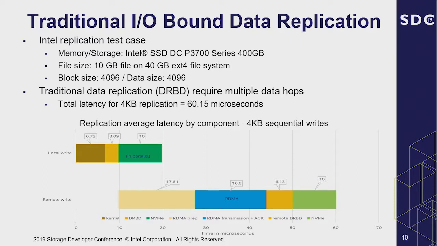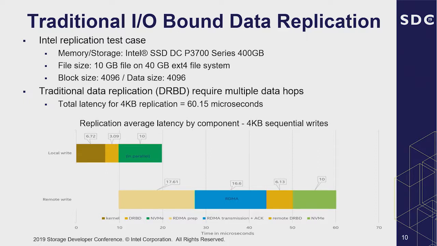I have the specs here. We're using a 4096 block size, which is fairly standard. Our file size was 10 gig, using a standard file system. And what we found is we measured each logical step or block during the replication process. And we have your local read-write on your SSD or your hard drive.